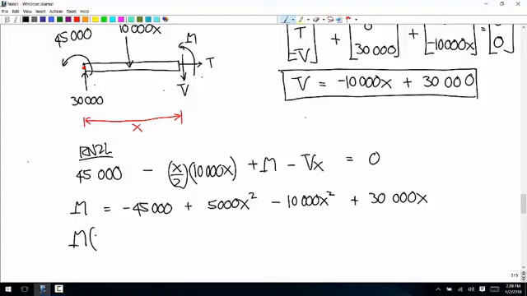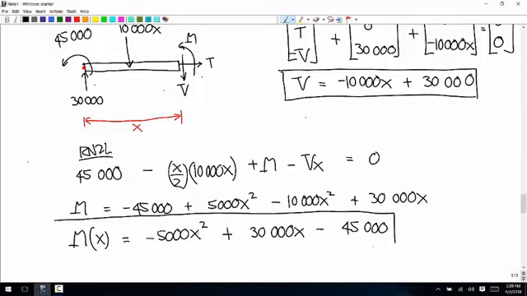So M as a function of x is equal to, I guess I'll rearrange it as negative 5,000 x squared plus 30,000 x minus 45,000. And you can check and make sure that dM/dx is equal to V, and it is in this case.